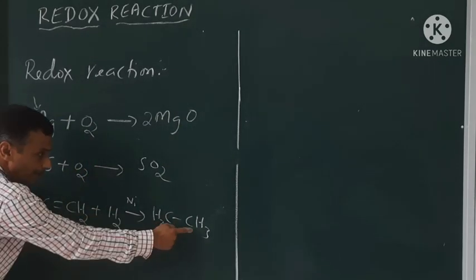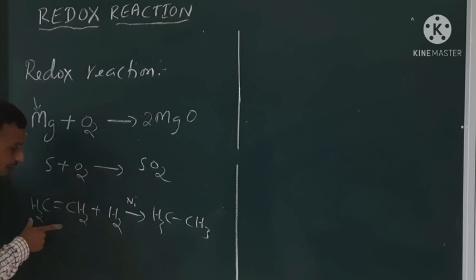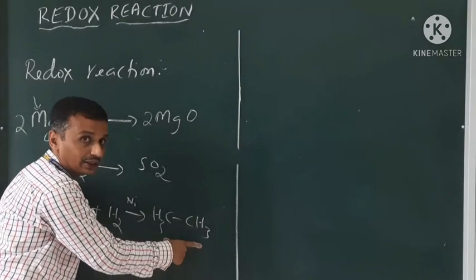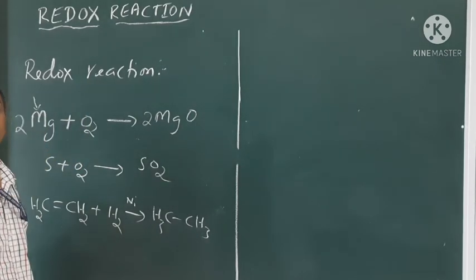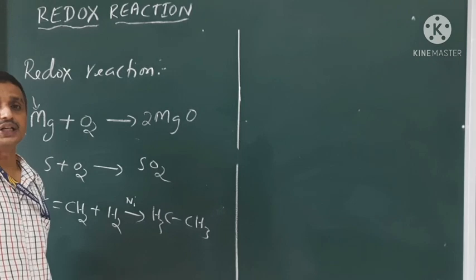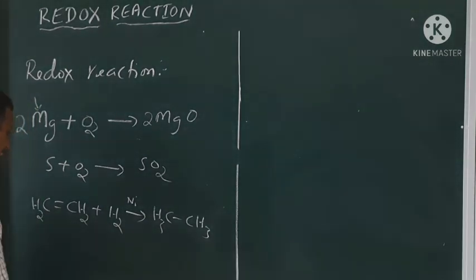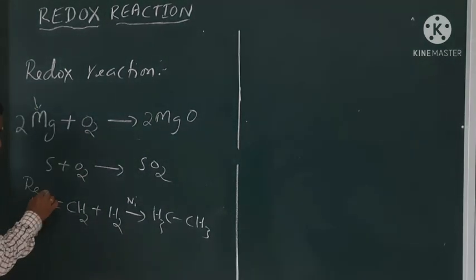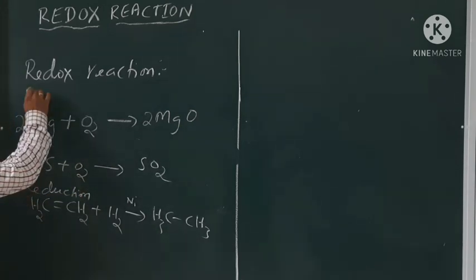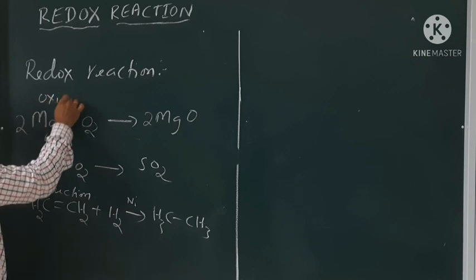Carbon numbers are the same, but here 2 plus 2, 4 hydrogens were there, whereas here 6 hydrogens, meaning 2 hydrogens got added. There is an addition of hydrogen, and we call this process a reduction process, and we call the other one the oxidation process. Okay.